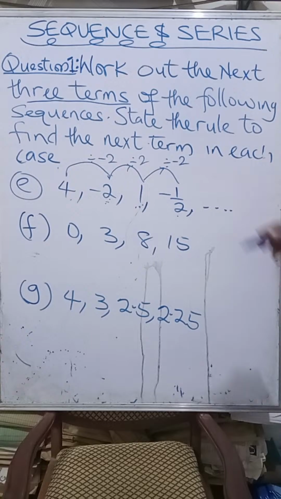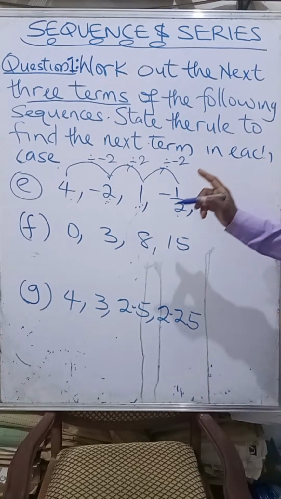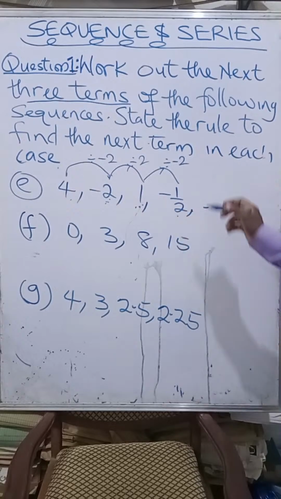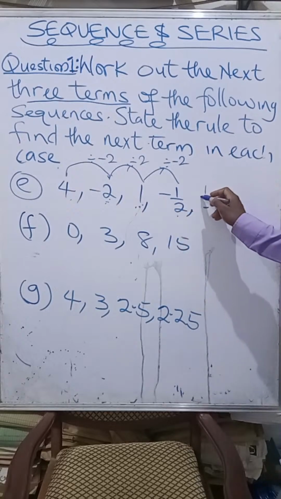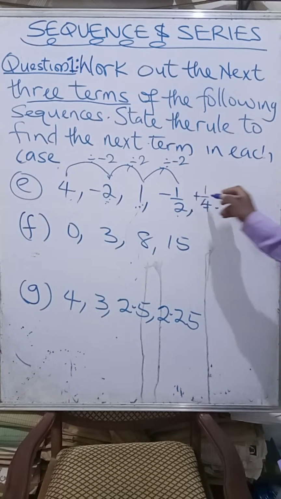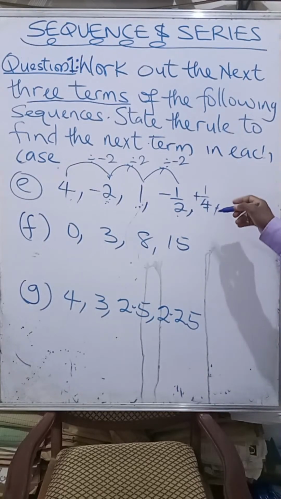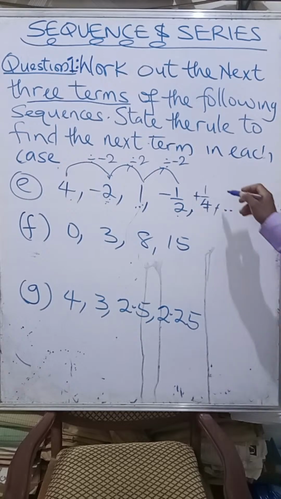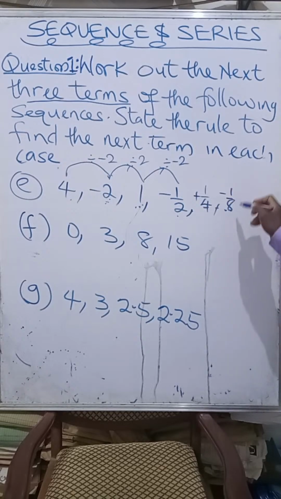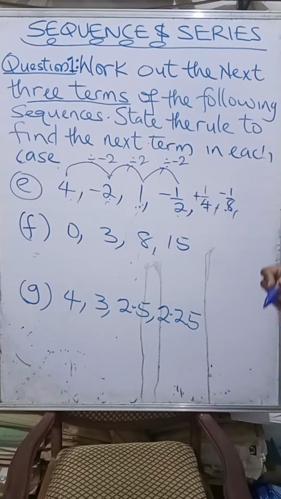So this one also continues the pattern. That will be 1 over 4. You can call it plus 1 over 4 if you like. Then again, divide this one by minus 2. That will be minus 1 over 8. Continue again, divide by minus 2. That will be plus 1 over 16.